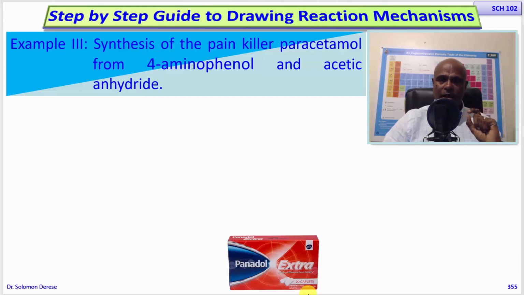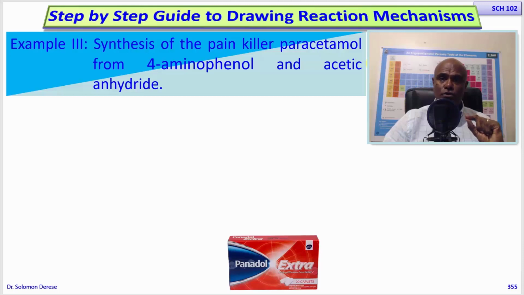The time and effort you put in your studies is not going to be wasted. The knowledge and skill you will acquire during your studies is going to give you the knowledge and skills required to synthesize and design useful molecules, drugs such as Panadol.